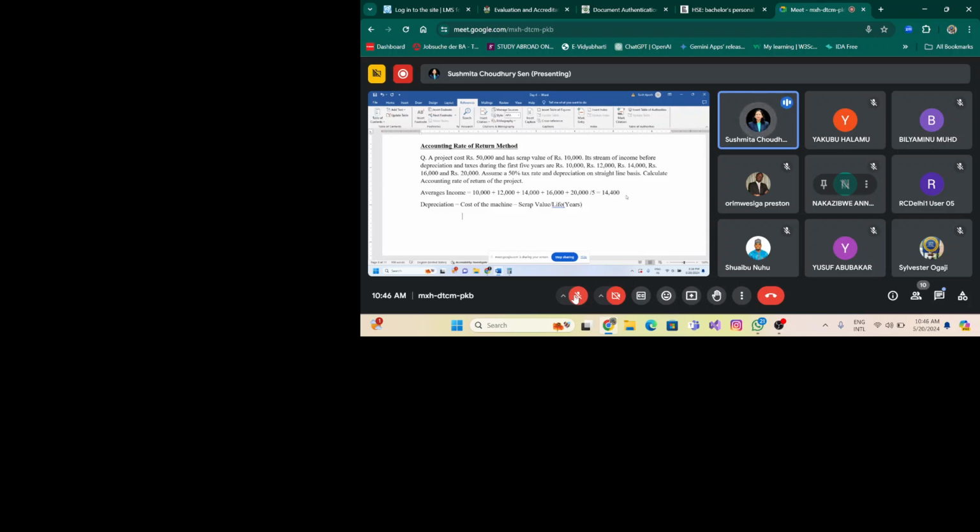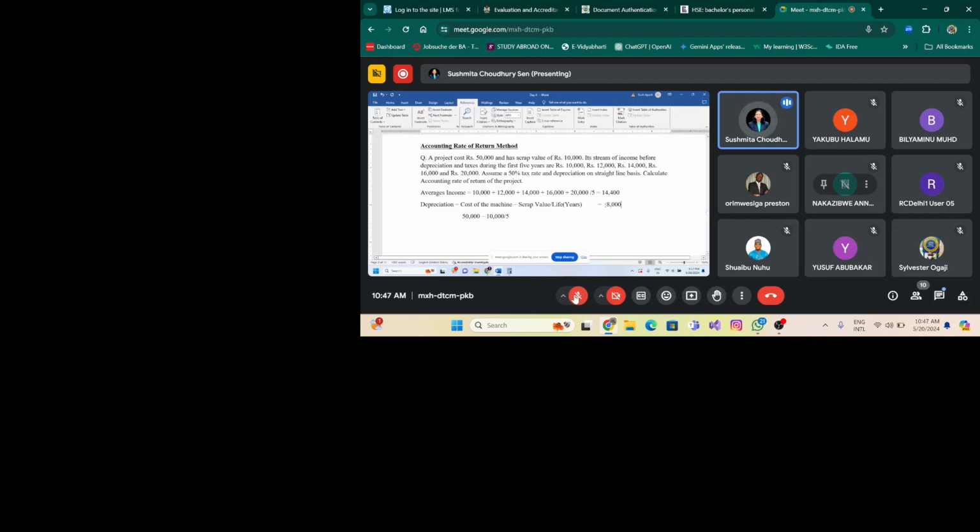As we know, the cost of the machine is 50,000 according to this question. Scrap value is 10,000 and life is 5 years. So 50 minus 10 is 40, 40,000 by 5, so 8,000 is the depreciation.